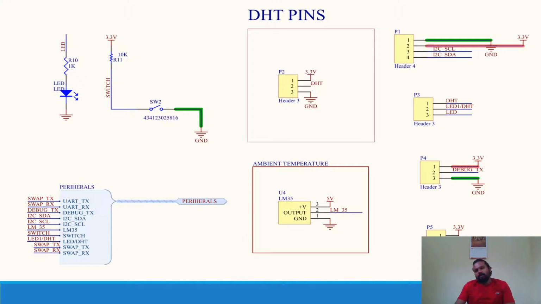And here we have 4 more pin connections where we will get swap TX and RX for the programming part, and debug TX, where you can use one of the pins as debug TX, which is also mentioned here. And you have jumper connections where you can switch between the LED and the DHT11, and one user LED is provided here and a user switch. This is the pin connection for OLED, where you will have 3.3 connections and ground and SCL and SDA.